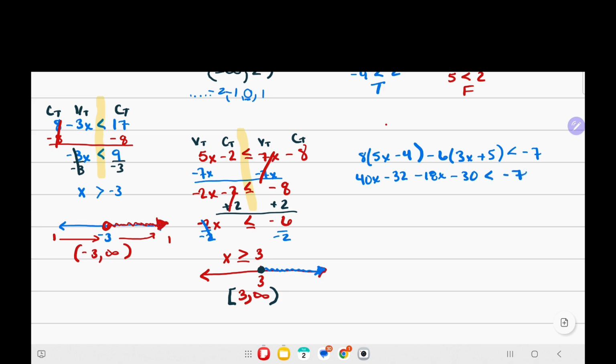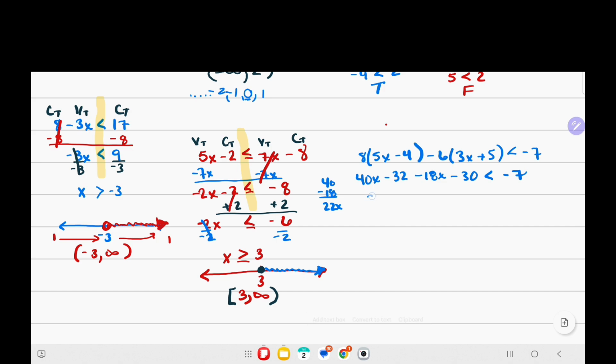All right. After rule 2, rule 3 says combine the like terms. Well, we have 40x and -18x. So 40 and -18. And we just combine those and we get 22. All right.